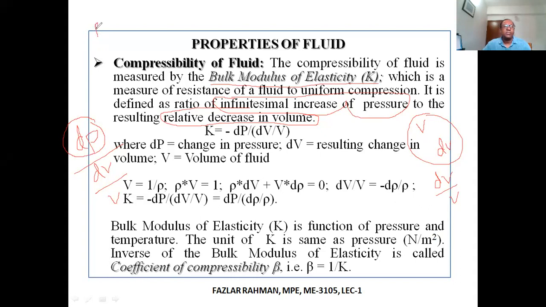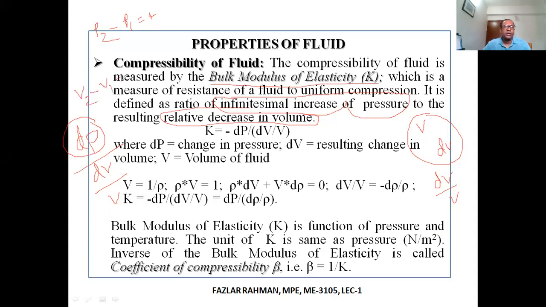The final pressure minus the initial pressure, that means P2 minus P1, right? And since pressure is increased, this value will always be positive. If you apply pressure, volume will decrease. So how do we figure out dV? dV equals V2 minus V1.